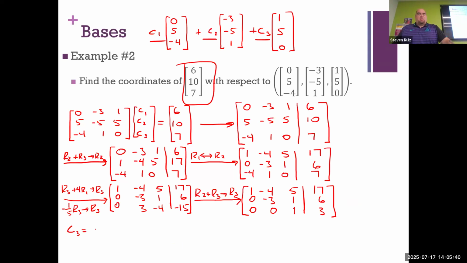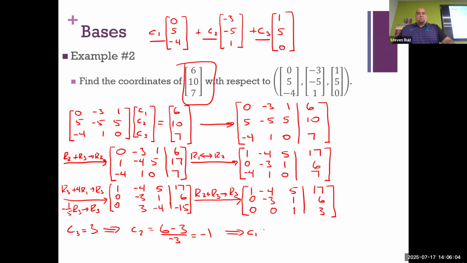And I get C1 and C2 from there. What's C2? C2 is equal to 6 minus 3, right, over -3. So that's -1.